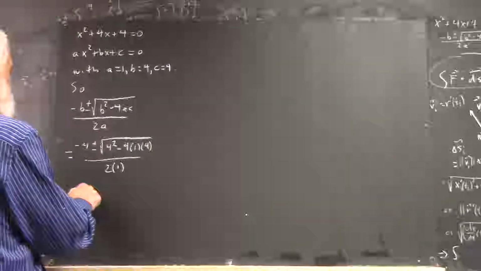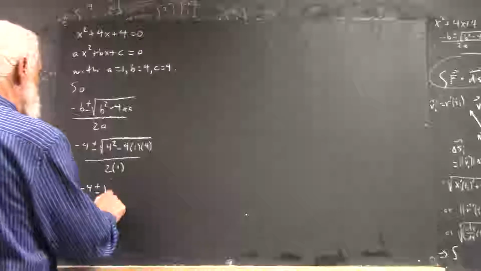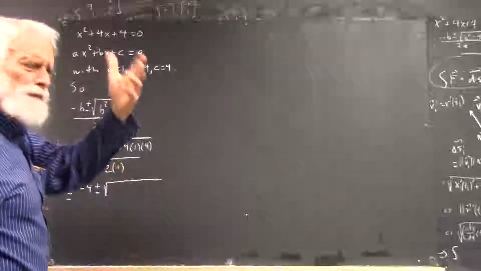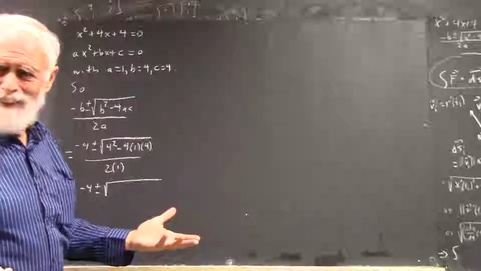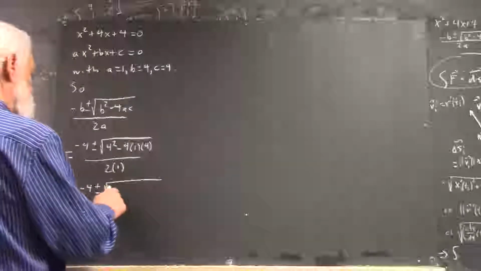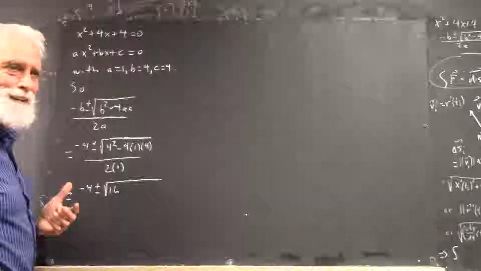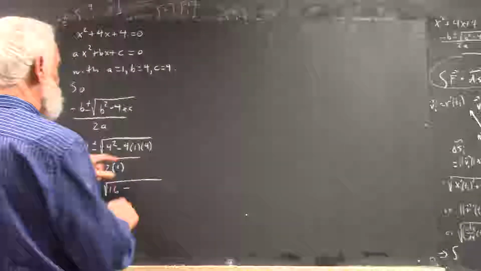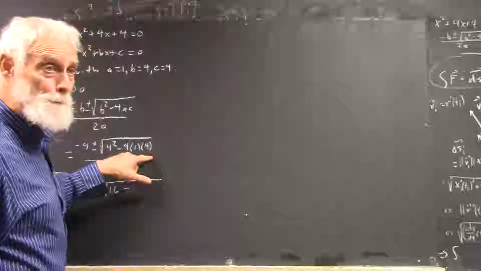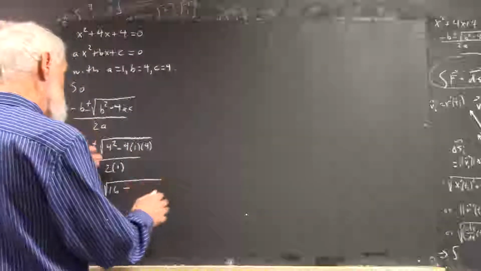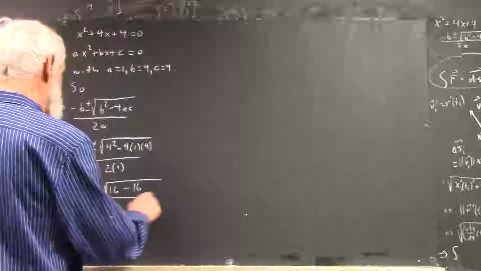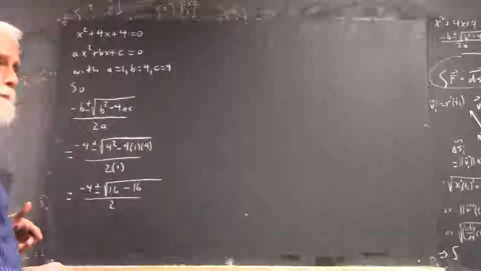So this gives me negative 4 plus or minus. Well, 4 squared, what's that? Yeah, 16. Then that's minus, what's 4 times 1 times 4? Well, 4 times 1 is 4, you multiply that by 4, you get 16, over 2.